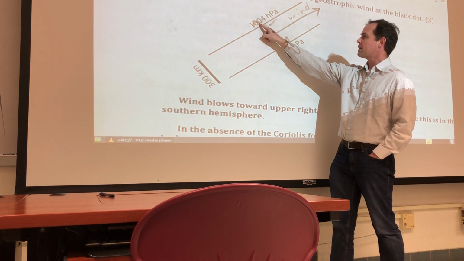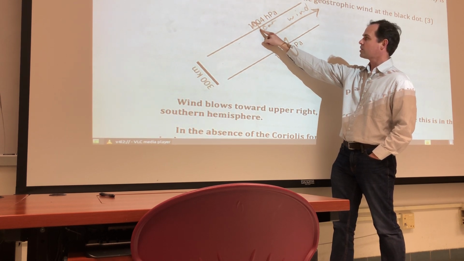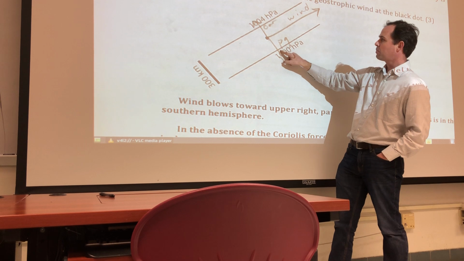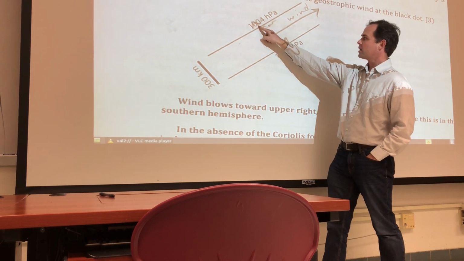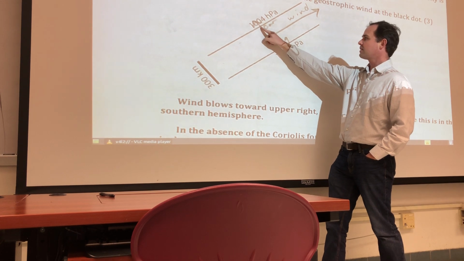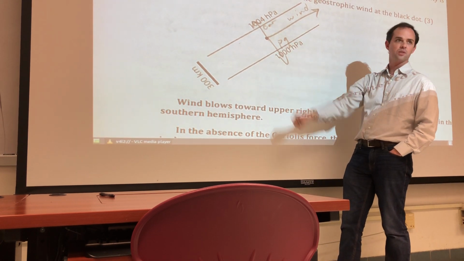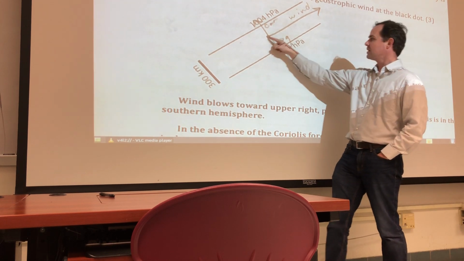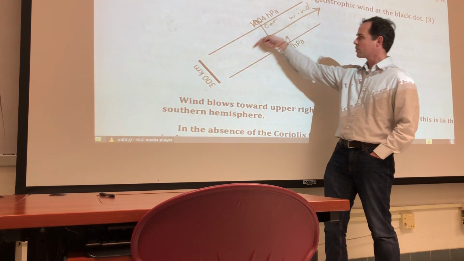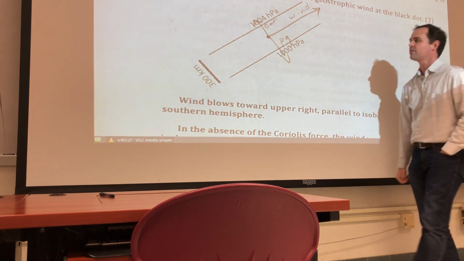So one way to think about that is the pressure gradient force is always blowing from the high pressure to the low pressure, and so the wind would initially start out blowing across the isobars, but the effect of the Coriolis force in the southern hemisphere bends things to the left, and so the wind goes this way. It goes the opposite in the northern hemisphere, and many people drew the geostrophic wind blowing down into the left.